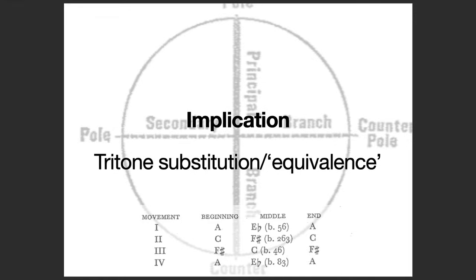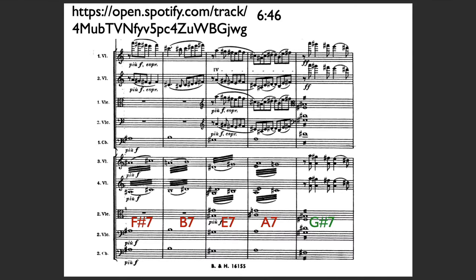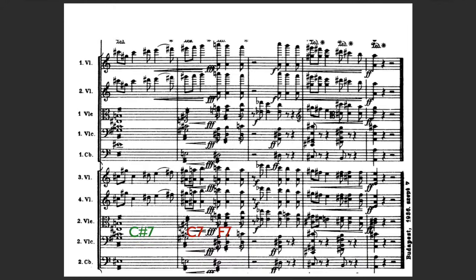And we see this kind of tritone substitution occurring in Bartók's music. This passage here, for example, there's a sequence of cycle 5 falling fifths of dominant chords, F sharp to B to E to A. You'd expect D at this point, and what we get is G sharp, a tritone away from that D. Now, if anyone studied any jazz harmony, you would know this sort of tritone substitution, but here it is in a different context.